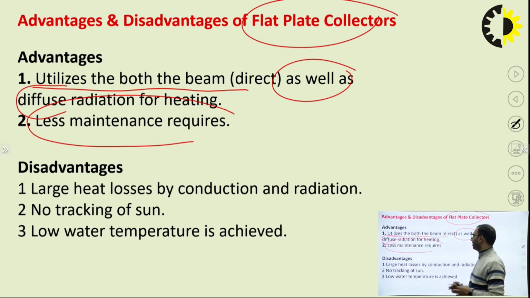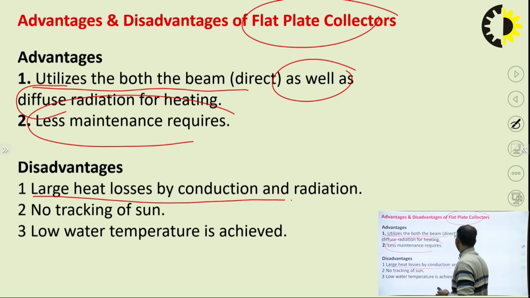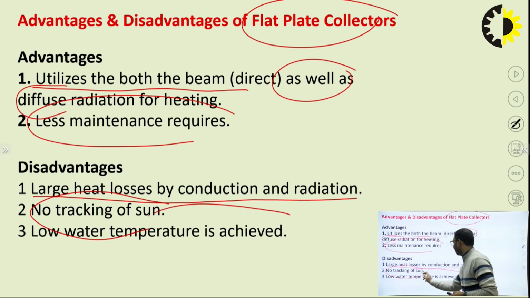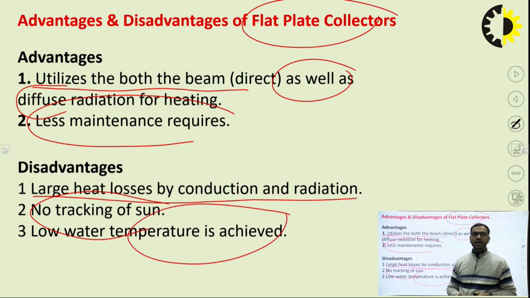If you are talking about its disadvantages, the first one is large heat losses by conduction and radiation. So, here losses due to conduction and convection are more, no tracking of sun and low water temperature is achieved. So, this type of collectors are suitable for low temperature application, means below 100 degrees Celsius.